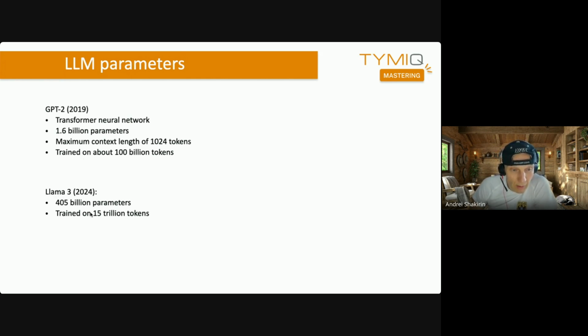Llama 3 from last year has about 405 billion parameters, billions of weights. Also important is how many tokens were used in training. GPT-2 was trained on hundreds of billions of tokens, and Llama 3 on 15 trillion tokens. And of course, context length, which I already showed, the size of the sliding window, how many tokens we take into the context to predict the probability of the next one.